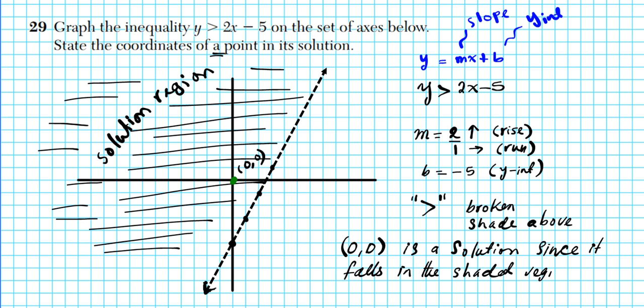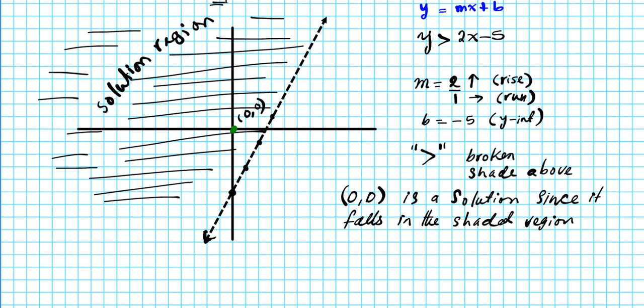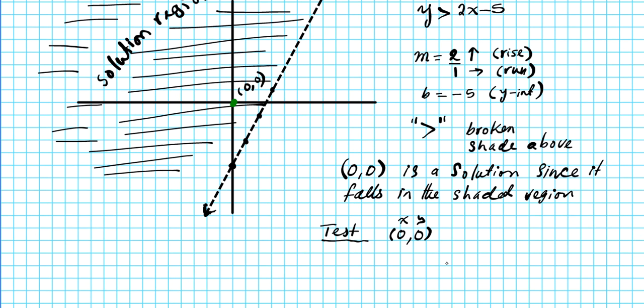Now, let's just check, okay? Just check to see if our claim is true. This is not part of the question, this is just an add-on, alright? So how do you know if a coordinate is a solution to an inequality? What you do is you plug it into the inequality and see if it satisfies it. So the inequality is y is greater than 2x minus 5, so if I plug in 0, 0 for x and y, do I end up with a true statement?